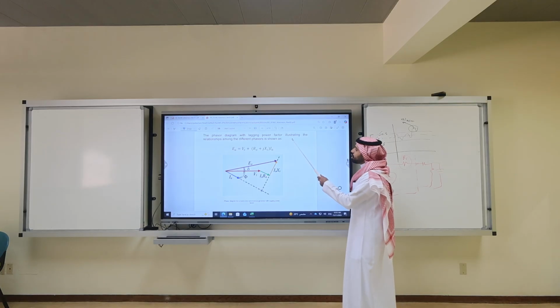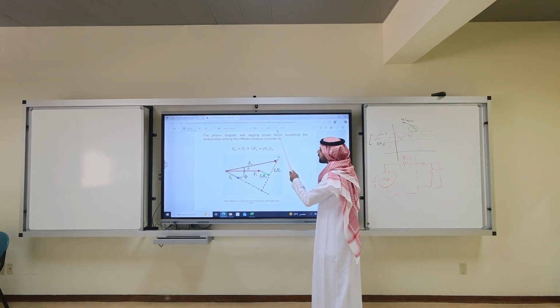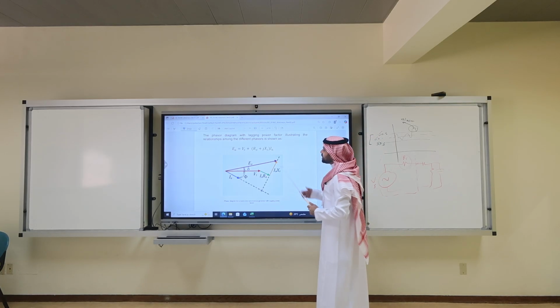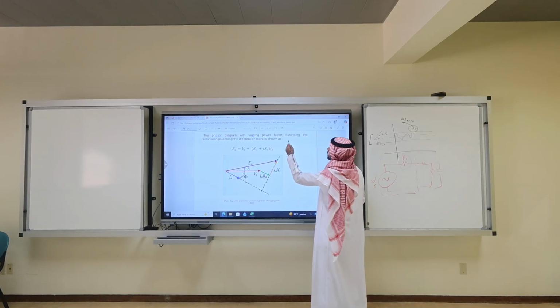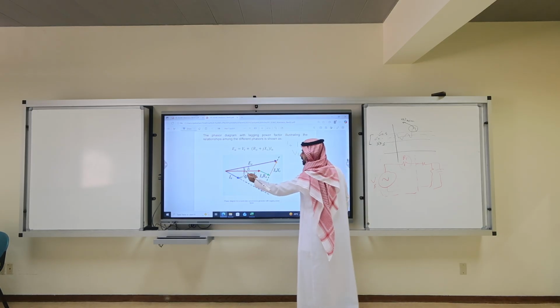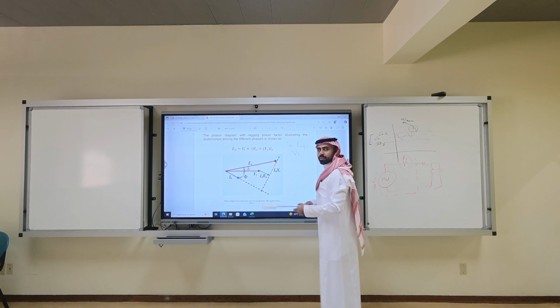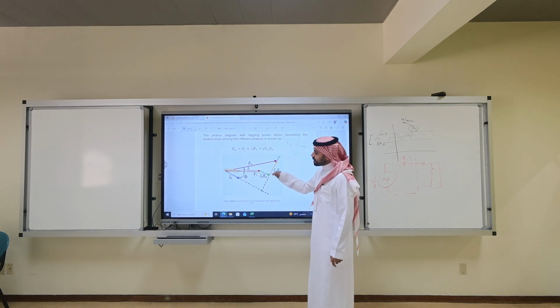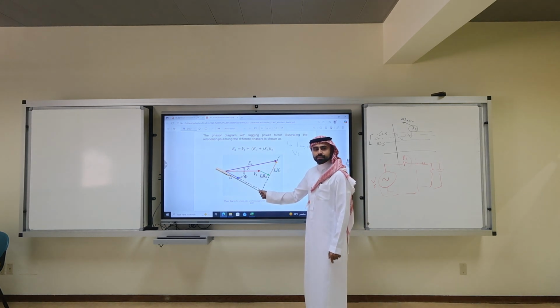I am telling you I have a lagging power factor. So what does that mean? It means Ia lags Vt by a certain angle theta. So if you remember, lagging is a minus angle, for example minus 36 degrees.